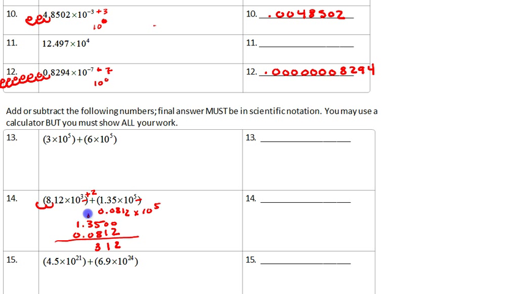Carry my 1. That makes this a 4. Bring my 1 down. I still have a decimal that's in the correct form with only one digit, so I'm going to write it here, 1.4312, and then I had it times 10 to the 5th. And that's my answer.